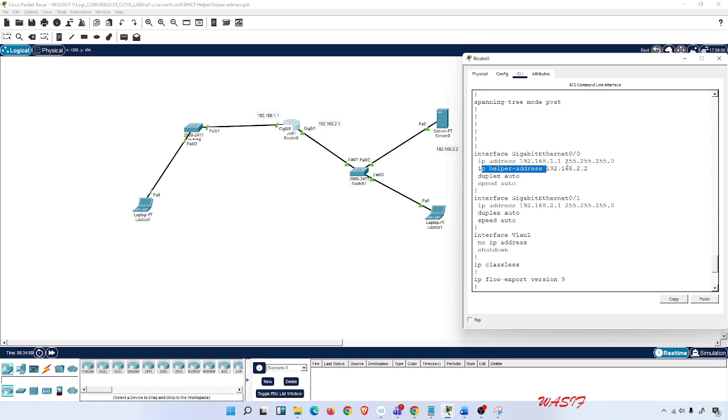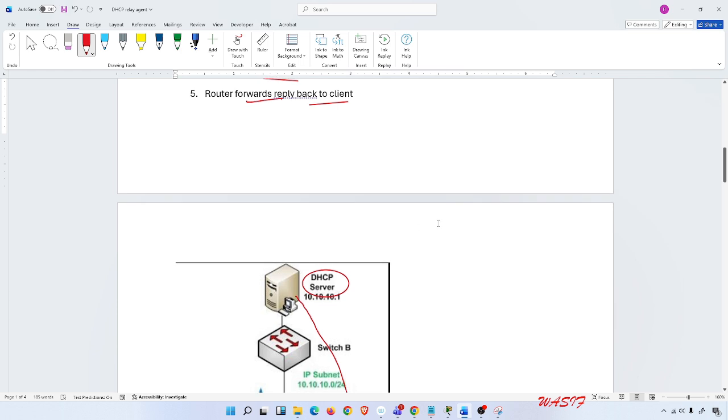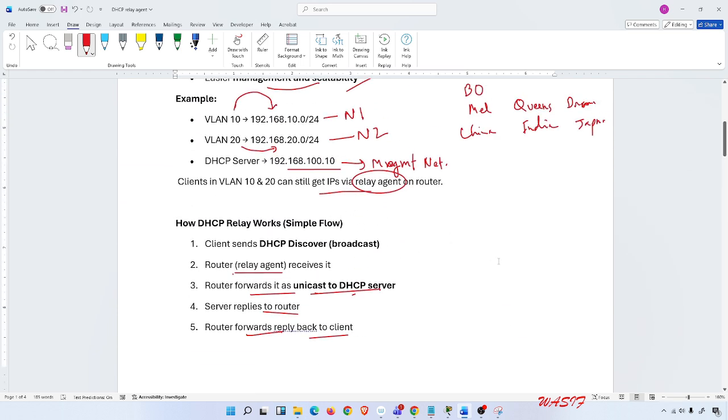Another important thing to understand: until now, what we studied is that we use the helper or the relay agent only for the DHCP, but it is not only used for the DHCP. If you have a TFTP server, which is a file server, located in a different location, the agent can work for it.